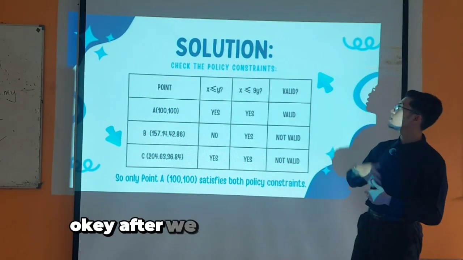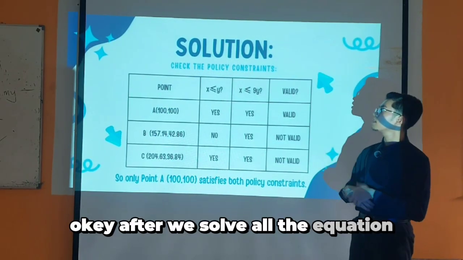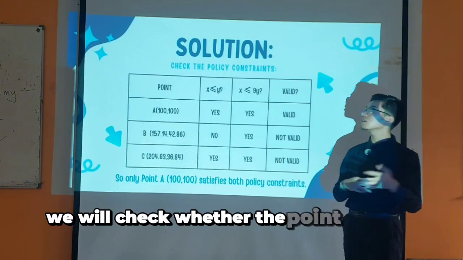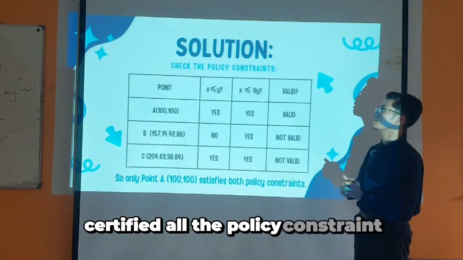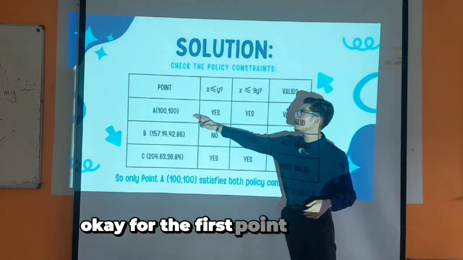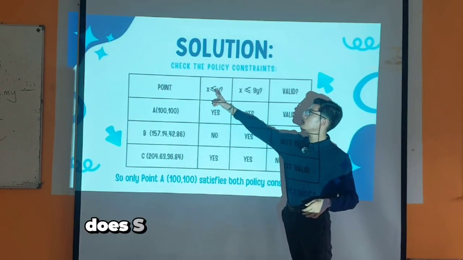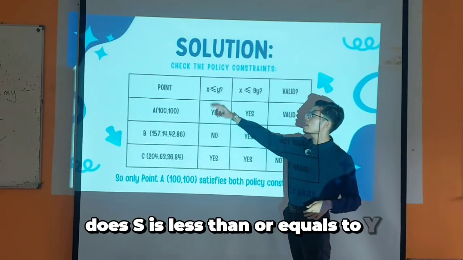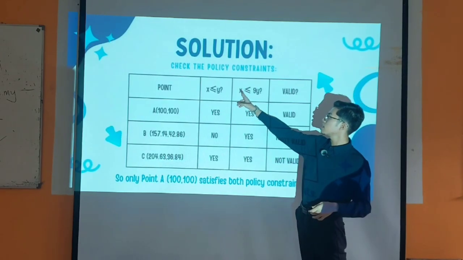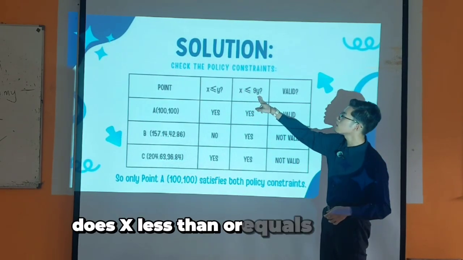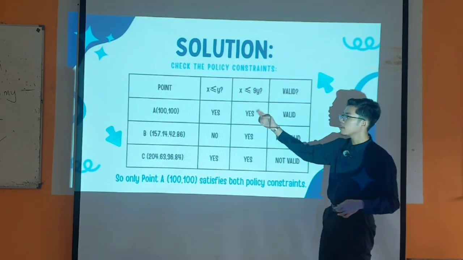Okay, after we solve all the equations, we will check whether the points satisfy all the policy constraints. For the first point, A, is x less than or equal to y? Yes. Is x less than or equal to 9y? Yes.